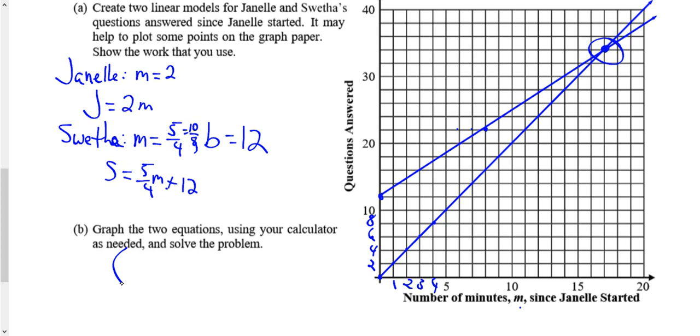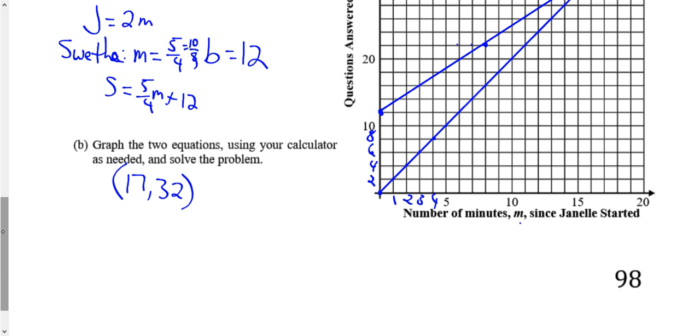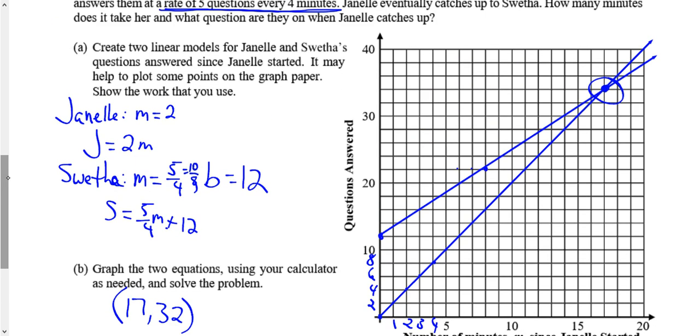Looks like 17, 32. So what does this mean, 17, 32? Well, that's 34, actually, isn't it? So this would be 34. I wonder if I got this inaccurately here. Let me just see.